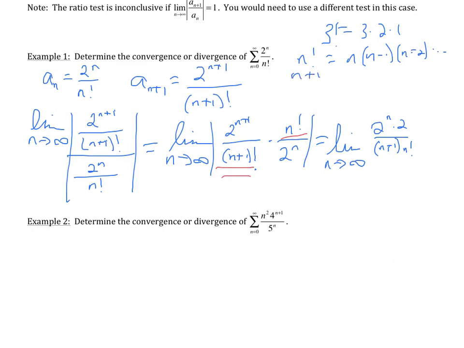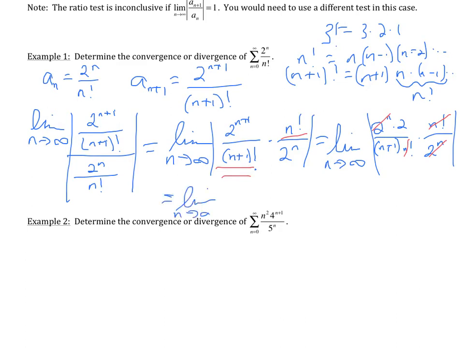So n plus 1 factorial is going to be n plus 1 times n, n minus 1, and so on. Well, all of this is just n factorial. So we can write n plus 1 factorial as n plus 1 times n factorial. And the nice thing about that is that it's going to cancel out with the n factorial over here on this side. So the n factorials cancel, the 2 to the n's cancel, and so we are left with the limit as n goes to infinity of the absolute value of 2 over n plus 1.